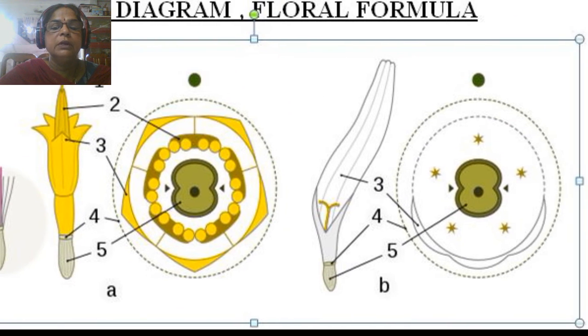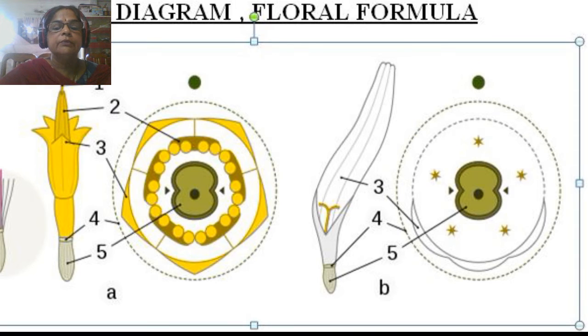Now come to the floral formula and floral diagram. You see this is the disc floret which is yellow in color. On the outer side, number 1 is the pappus, which is very large in number and they are very small structures.